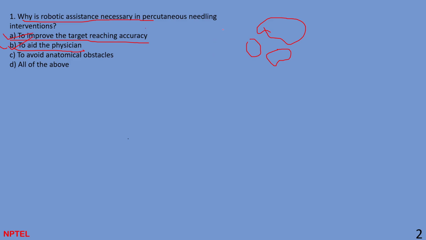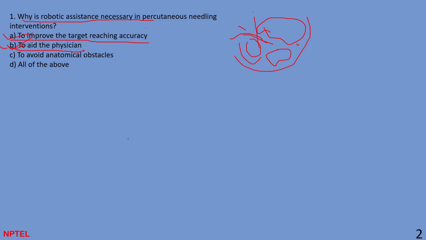A clinician can't put a screwdriver or reach something here, and this is the only way to go, or you can go like this, but a physician can't place his hand like this. We need some kind of curvature or an instrument which can bend its path. So option B is also right here.